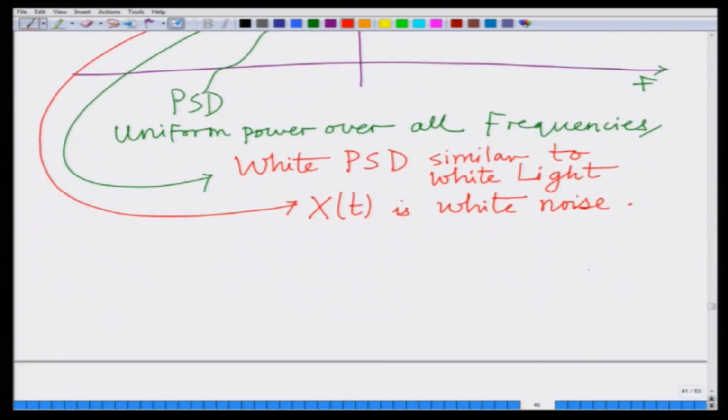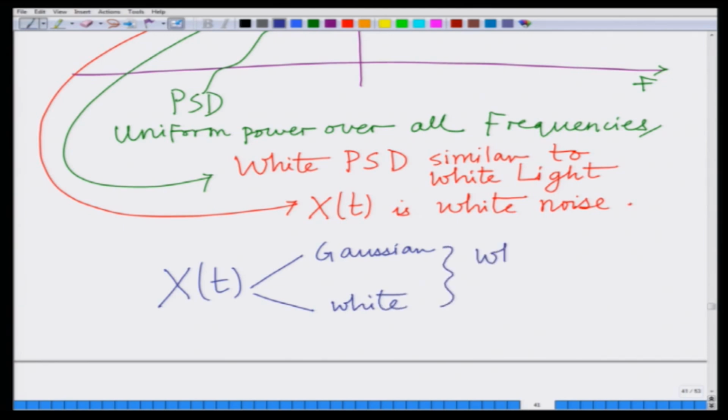Now, something additionally very interesting which occurs very frequently in communication systems: if X(t) is both Gaussian and white, we say this is white Gaussian noise, which is very important in the context of a communication system.